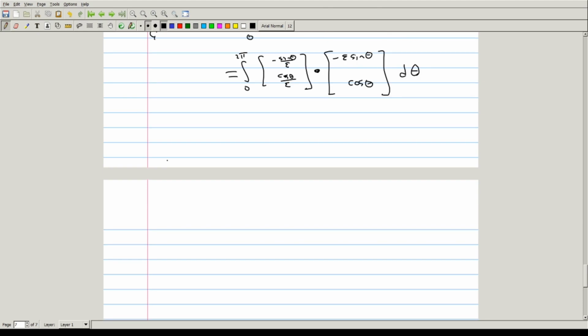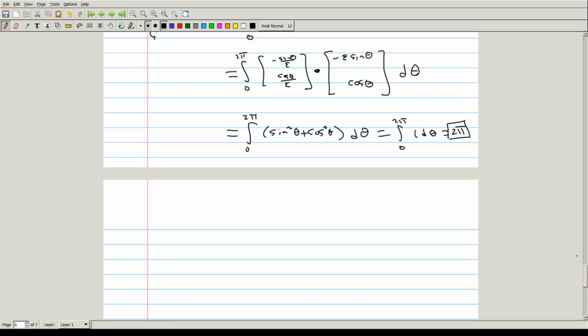And going through and doing this integral, when we do the dot product, we multiply these two things together, we get sine squared. We multiply these two things together, we get cosine squared. So the resulting epsilon over epsilon is 1. So we're just going to get sine squared theta plus cosine squared theta, which is equal to 1. So this is the integral from 0 to 2 pi of 1 d theta, which is 2 pi.